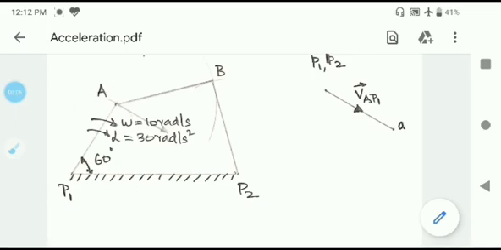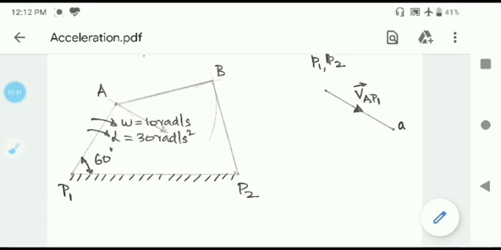Regarding the connecting rod, nothing is told in the question regarding its angular velocity or the linear velocity of any point on the connecting rod. The only thing that we know is the line of action of the velocity of any point on the connecting rod with respect to any other point which is also on the connecting rod will be perpendicular to the connecting rod, that is perpendicular to AB.